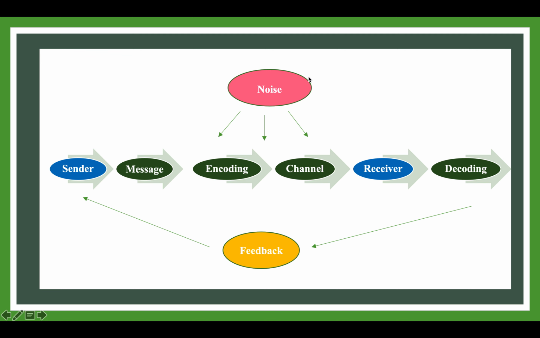In the entire communication process, sender, receiver, encoding, decoding, channel, message, everything is important, but the communication cannot be completed if there is no feedback from receiver's end to the sender. Now I would explain you this by a simple example in my next slide.